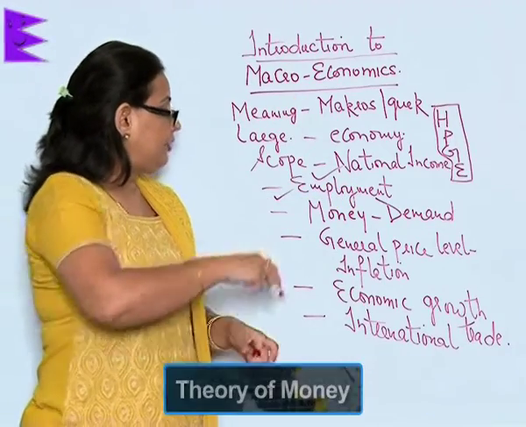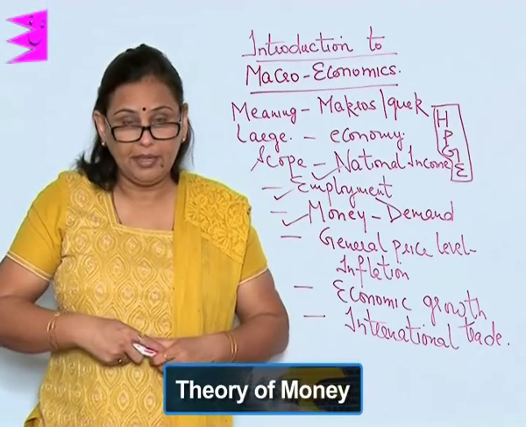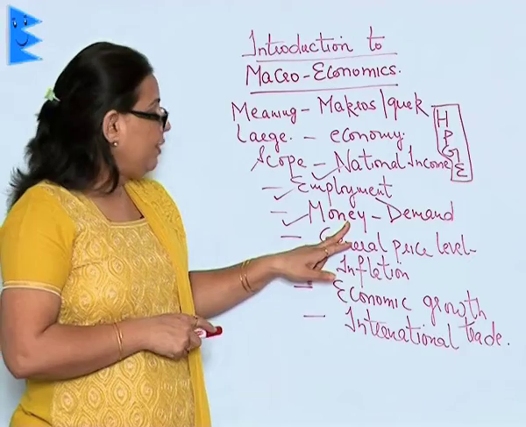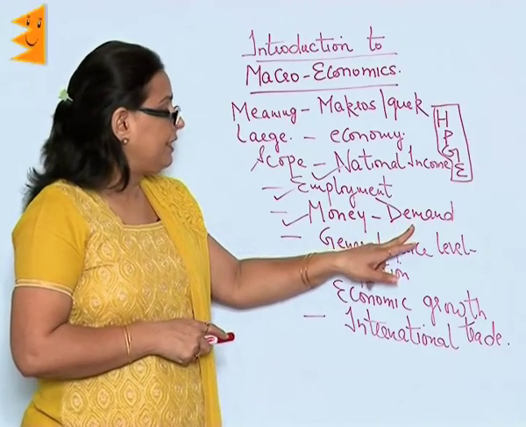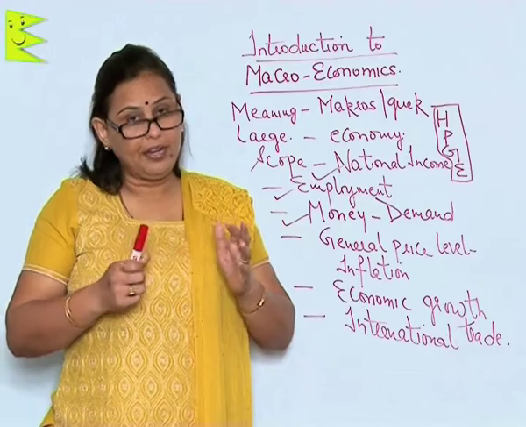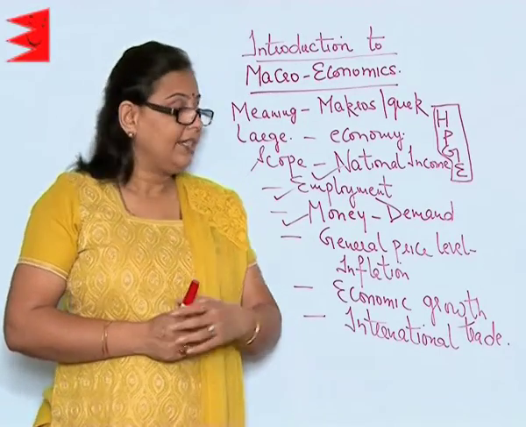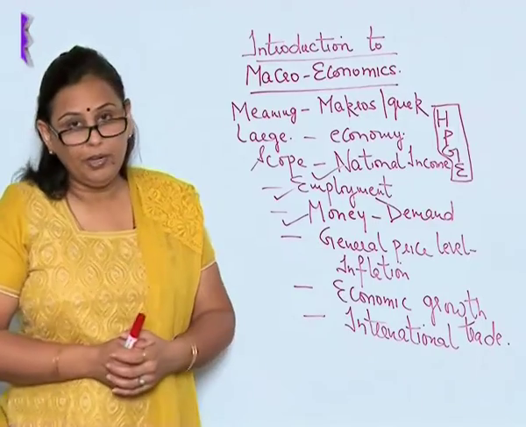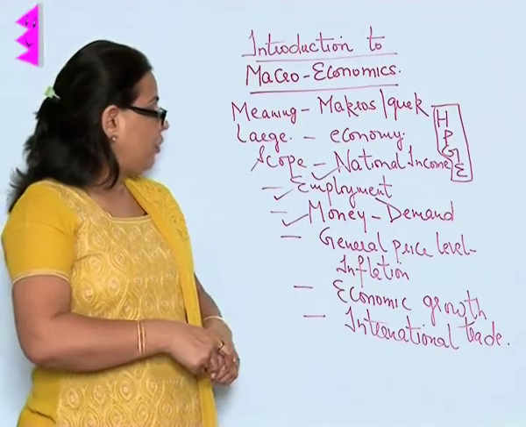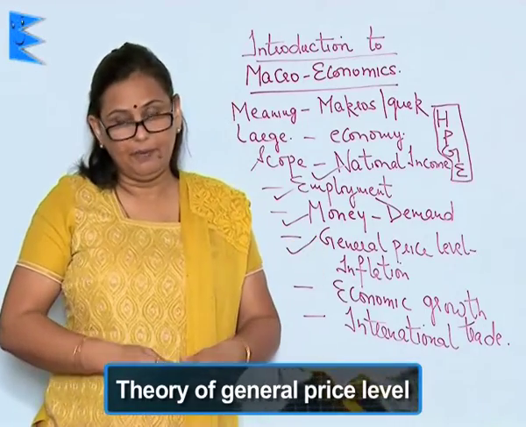The third is the theory of money. When we talk of the theory of money in macroeconomics, the main concepts we have to study are the theory of demand and supply, how they are inversely related, and how they affect the theory of money. The fourth concept deals with the theory of general price level.